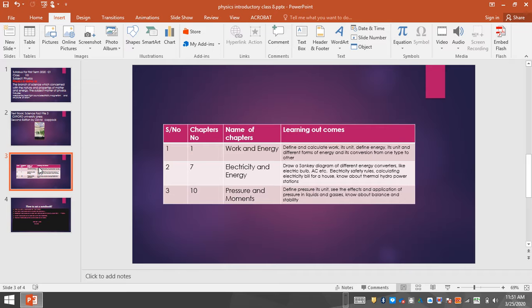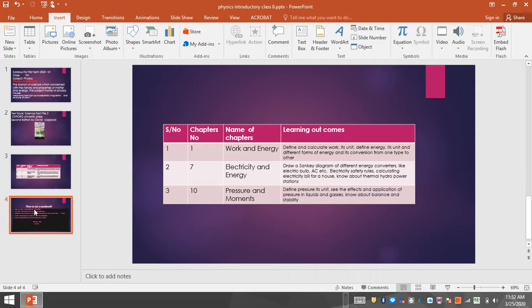We will study that. We will be able to know what stability and balance are, why objects are balanced, what is the reason behind that, and what is stability. So all this we will learn in these three chapters. These are the outcomes. After reading these chapters, you will be able to define all these things.